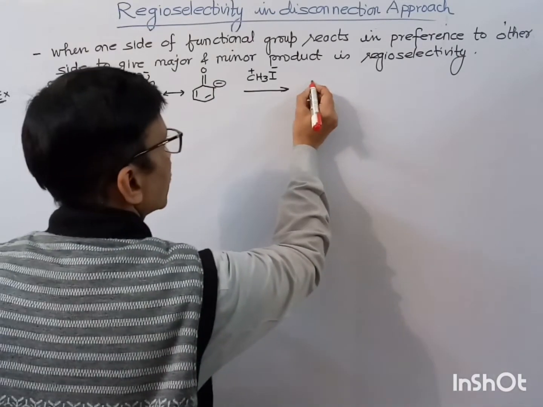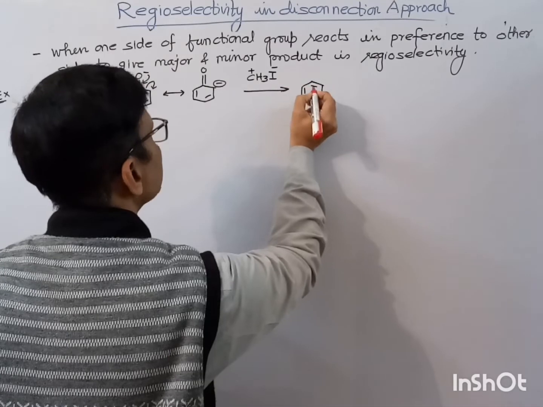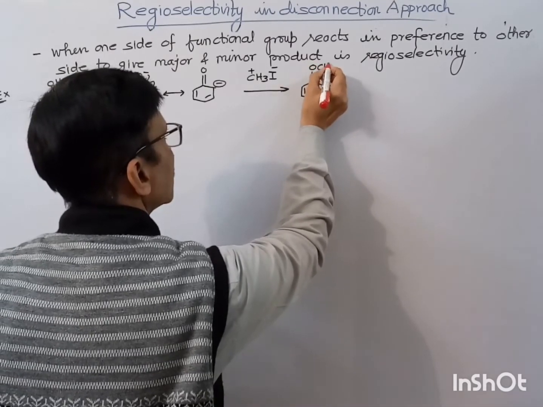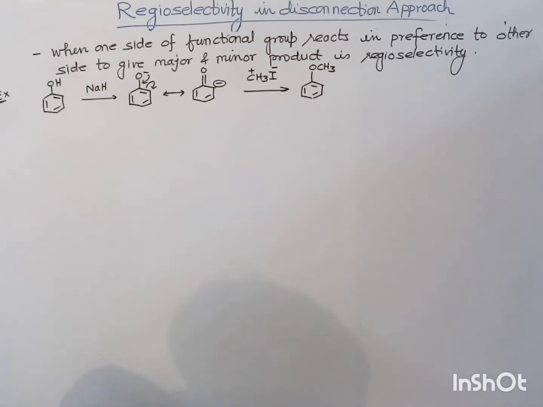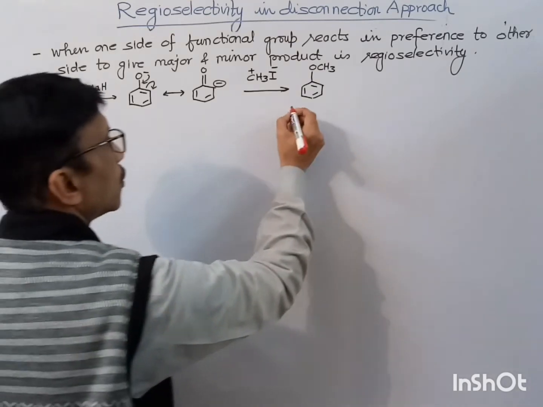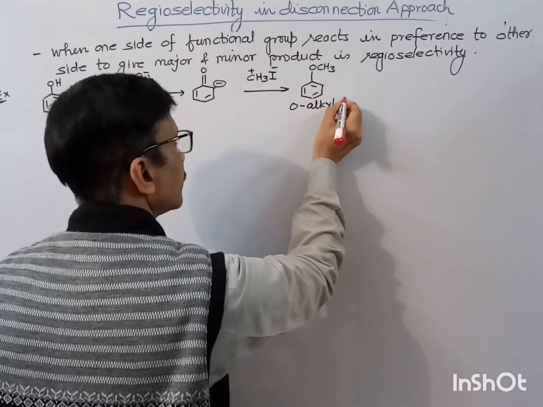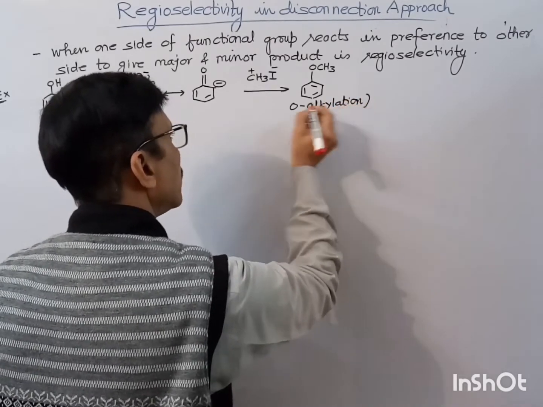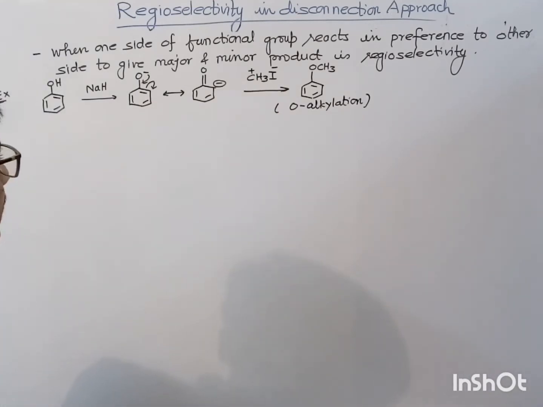So the product that would be formed is this. We can say that here O alkylation has taken place, not C alkylation. This is O alkylation of phenol.